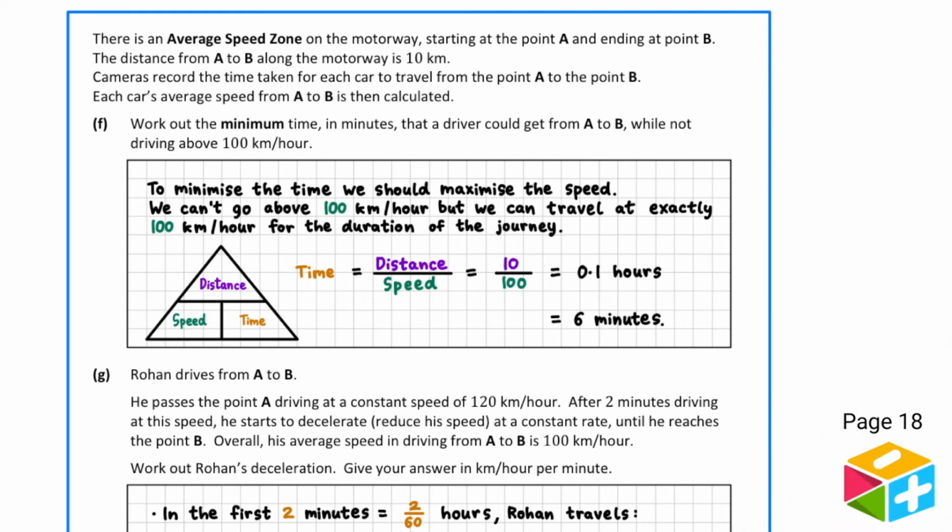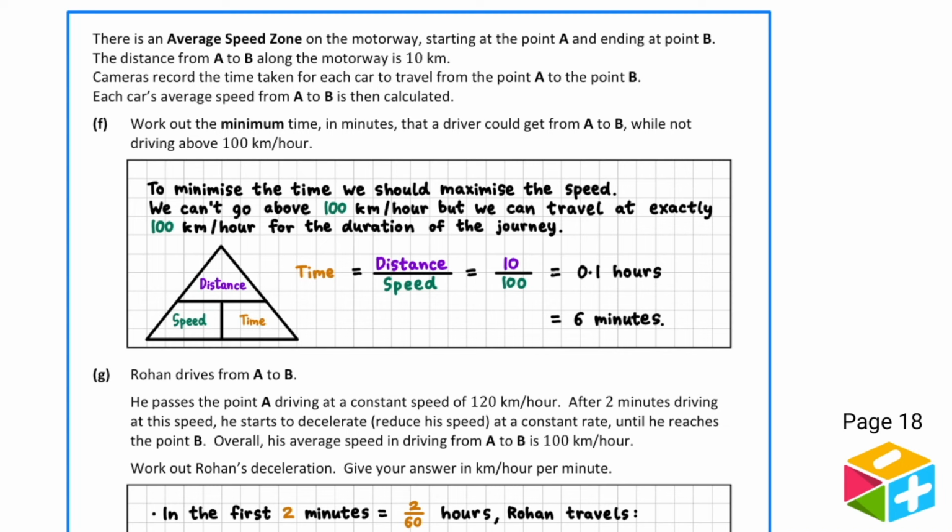In part F, we're told that there's 2 points on the motorway, A and B, which are 10 kilometers apart. We need to find the minimum time in minutes that a driver could get from A to B while never driving above 100 kilometers per hour.